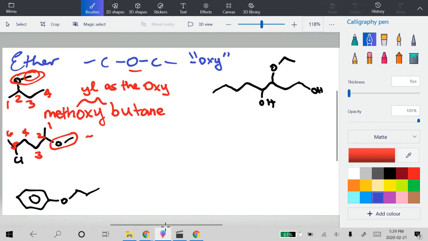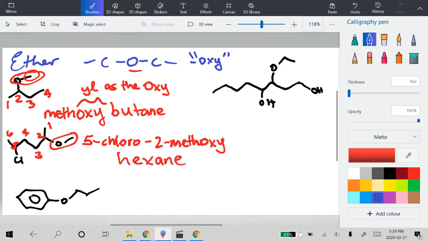It's going to be the 5-chloro first, followed by the 2-methoxy, so the methyl with the oxygen, and then hexane as the full backbone name.